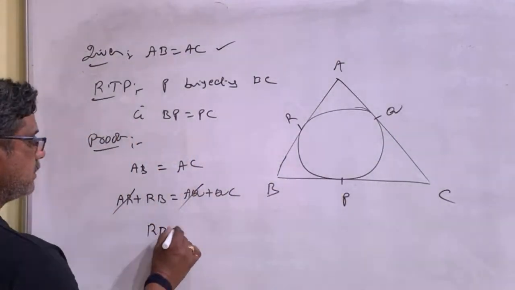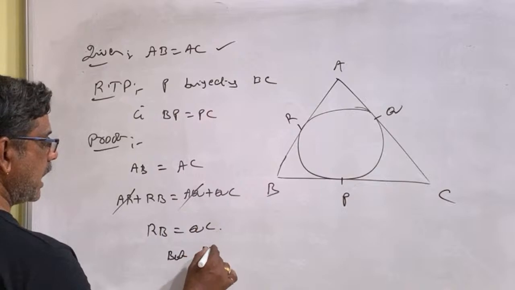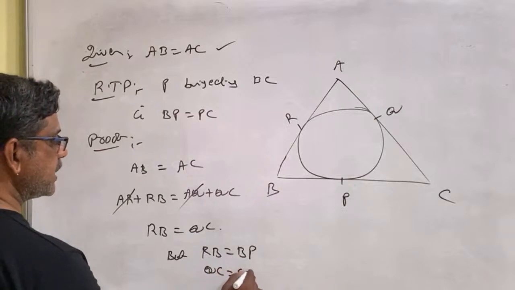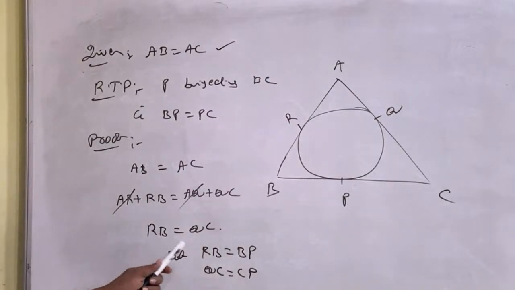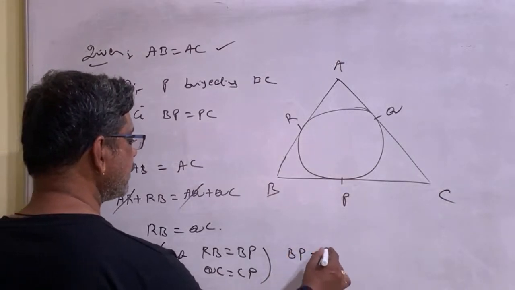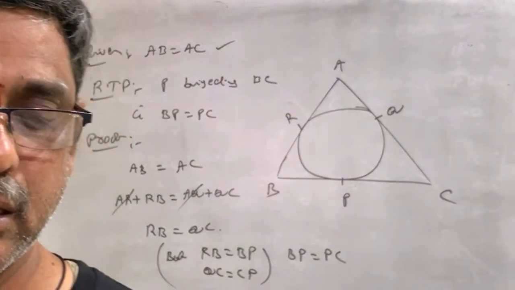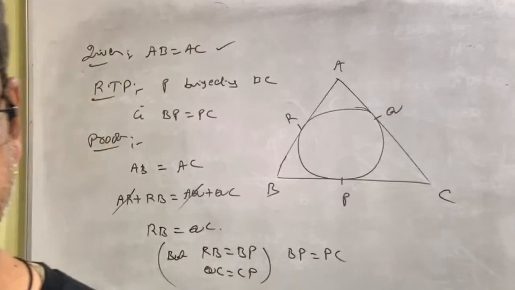RB is equal to QC, but RB is equal to BP and QC is equal to CP. So here we can replace RB with BP and QC with CP. So BP is equal to PC. That means P bisects the side BC. Okay na?